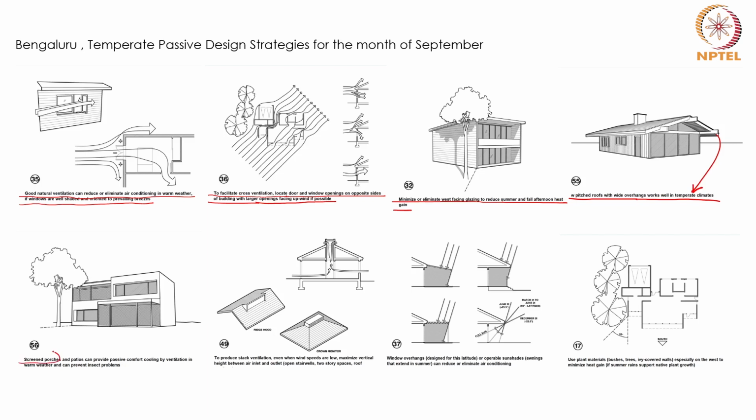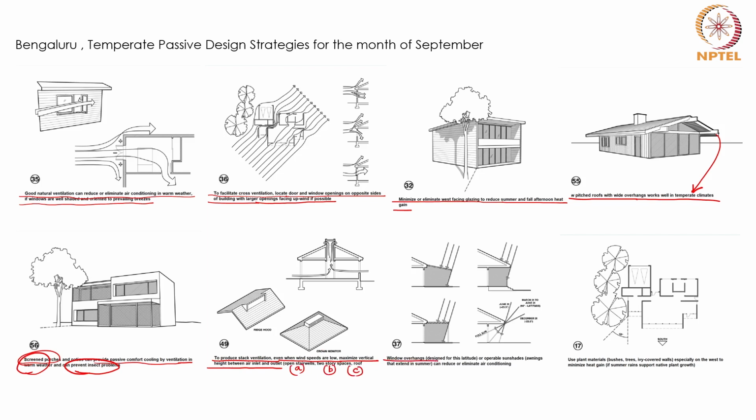Screened porches and patios can provide passive comfort cooling by ventilation during warm weather and simultaneously prevent insects like mosquitoes and flies from entering the house.